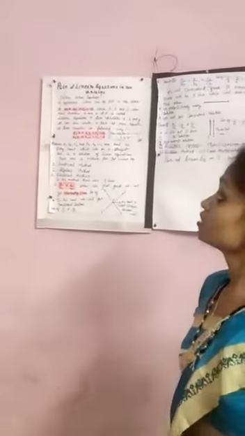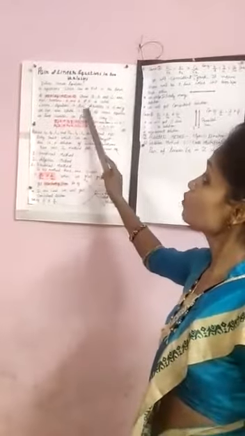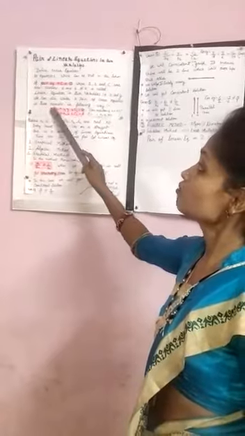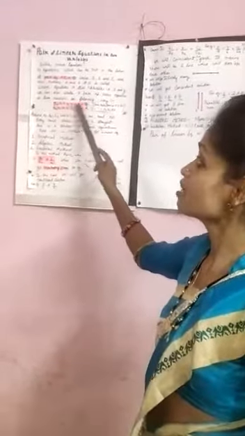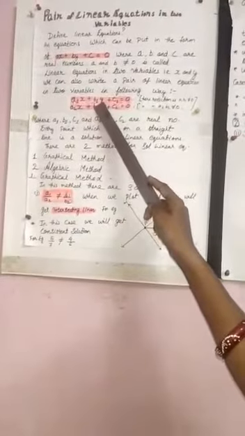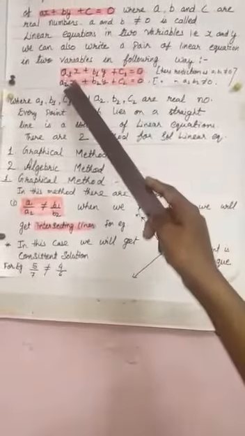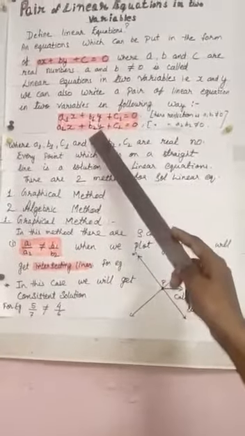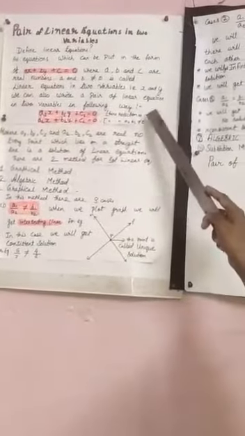Did you get it? A linear equation in two variables we can also write in the following way in mathematical language. The equations are a1x + b1y + c1 = 0 and a2x + b2y + c2 = 0. Here the restriction is that a1, a2, b1, b2 are not equal to 0.